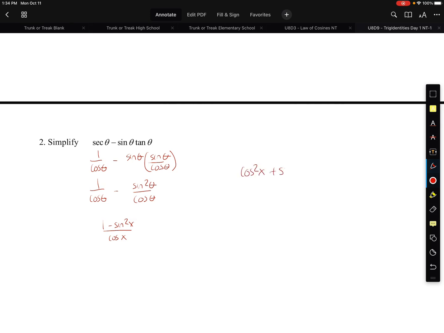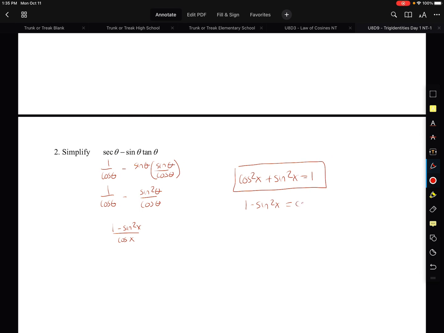This is where we bring in the identity. This is the main identity we have. This right here is a variation of it. So if I manipulate this around, 1 minus sine squared x equals cos squared x. So with my work here, I can simplify this to that, which gives me just cos x.